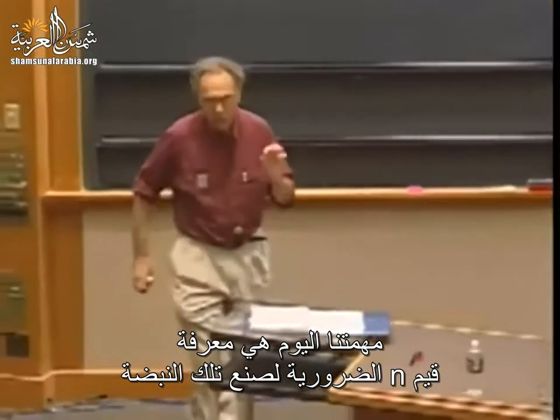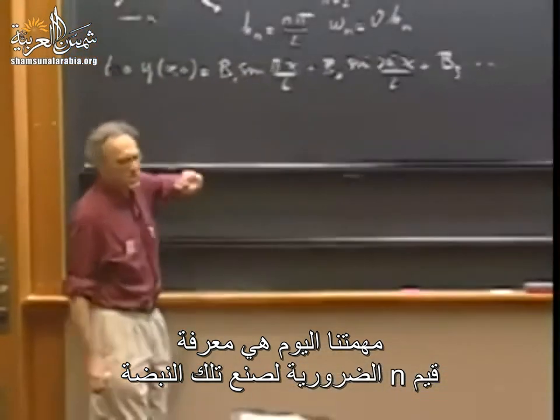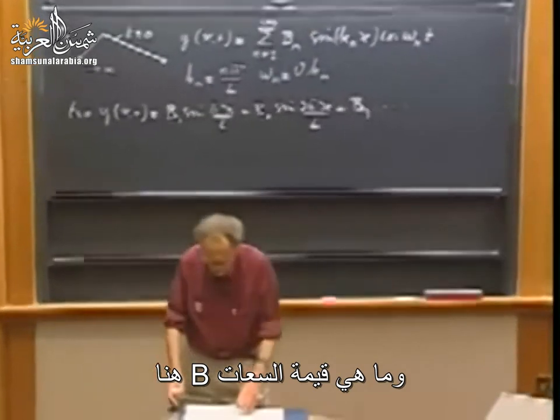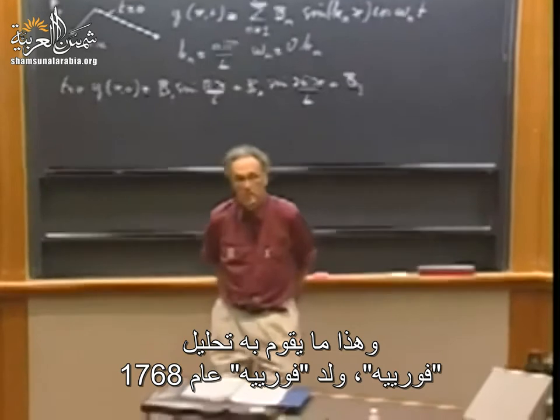And our task now today is, what values of n are necessary to make that pulse, and what are then the amplitudes b that we have here? And that's what Fourier analysis is all about.